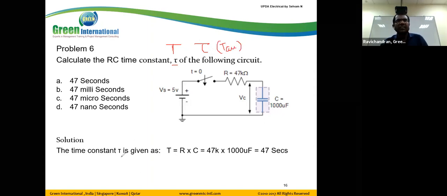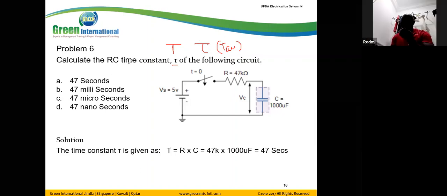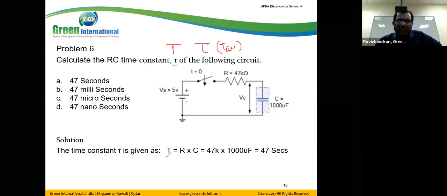So calculate the time constant RC. The formula for the time constant: for an RL circuit, tau is equal to L by R. For an RC circuit, tau is equal to RC.